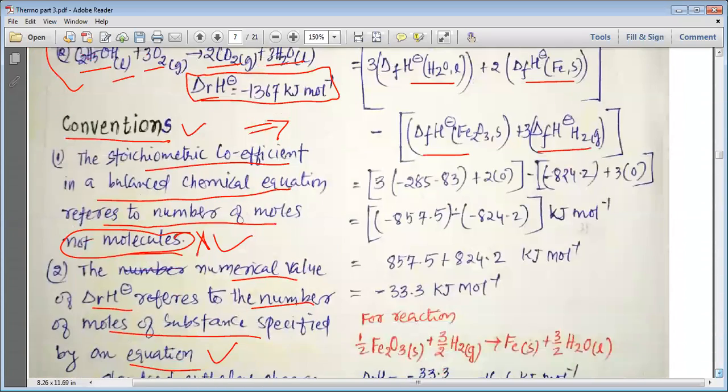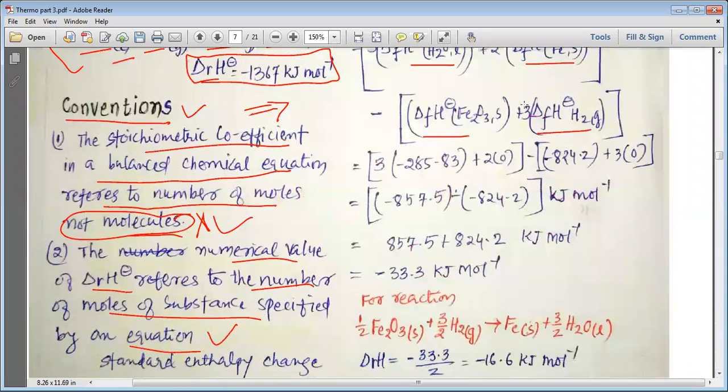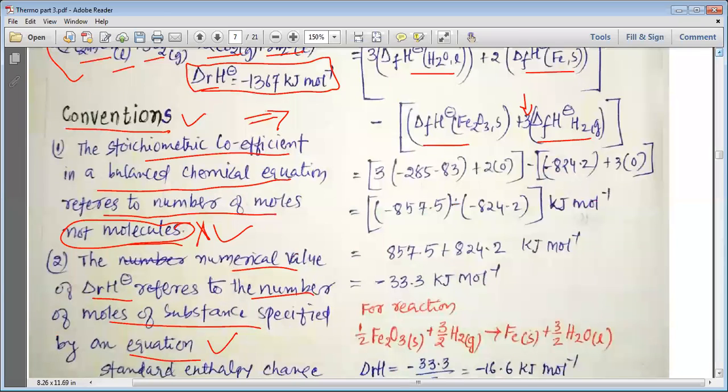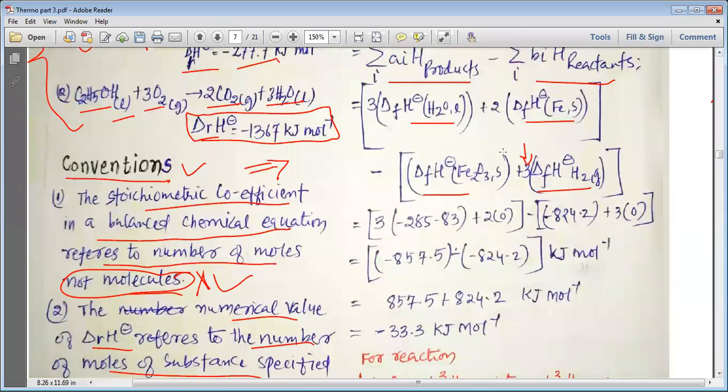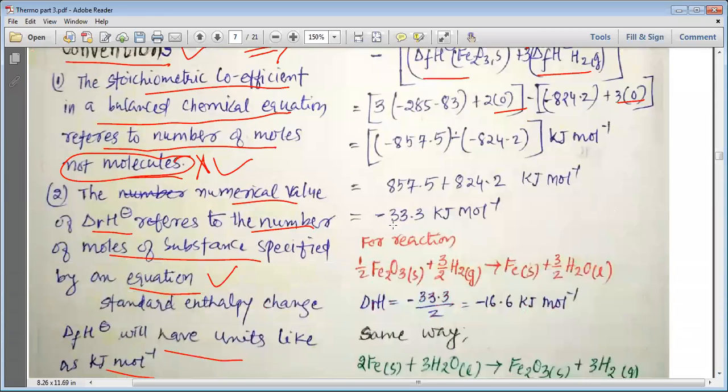So their enthalpy of formation per mole has to be multiplied with their number of moles. Here we put the value for these elemental substances. The enthalpy is kept as 0. You can see here in case of iron and in case of hydrogen, we have put the value 0. And by this calculation, we find out that the change is minus 33.3 kilojoule per mole.